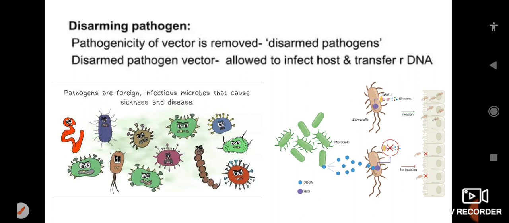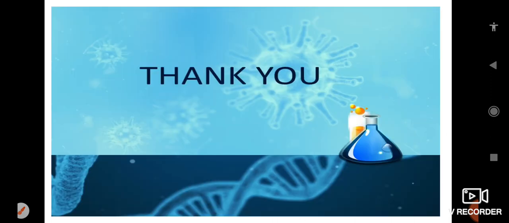For replication there is an ORI, which maintains the copy number of the cells. There are two kinds of selective markers: antibiotic resistance as well as lacZ. There I can screen out the transformed cell and then transform it into the host. So that's it. Thank you.